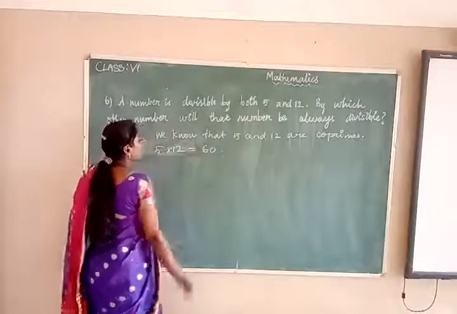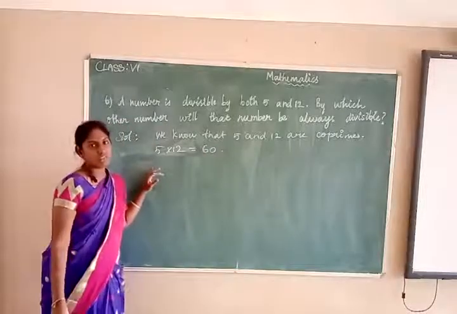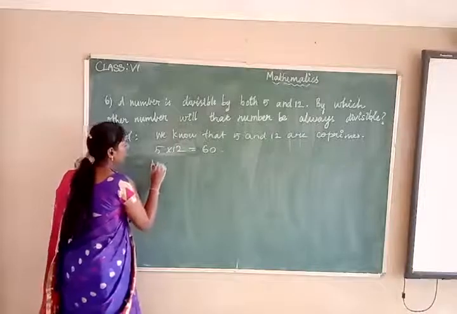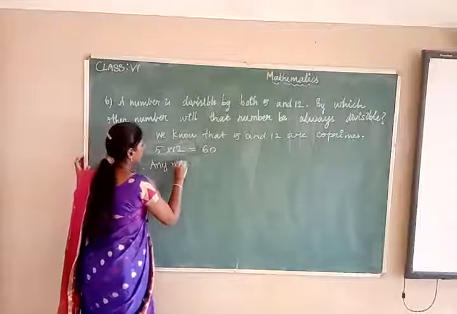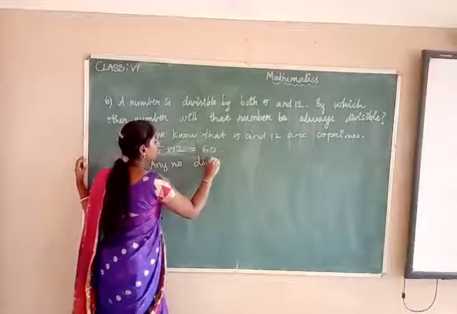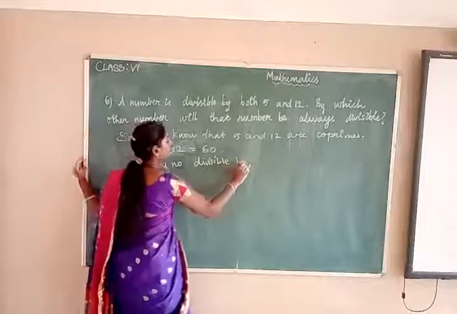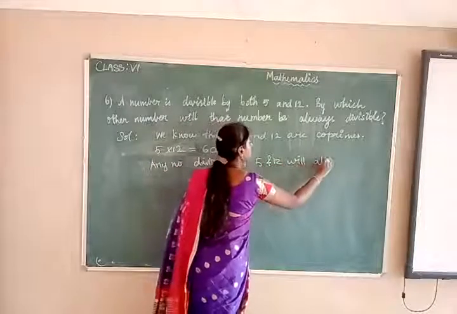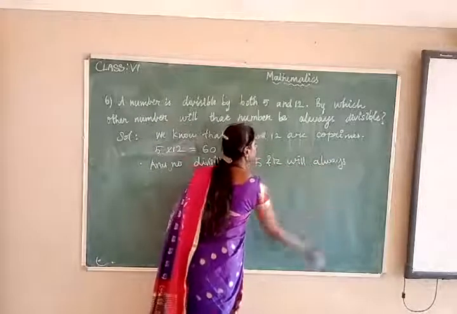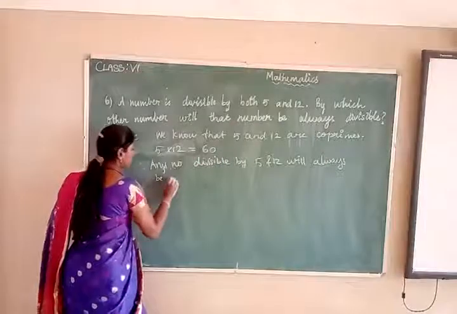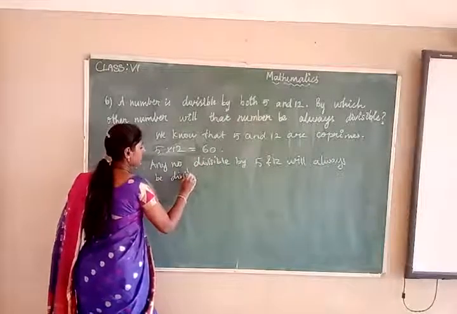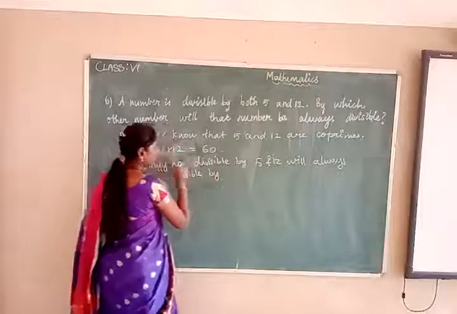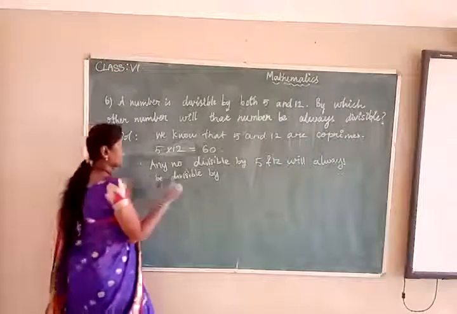Since they don't have any common factors other than 1, therefore any number divisible by 5 and 12 will always be divisible by their product. So what is the product? 5 12s are 60.